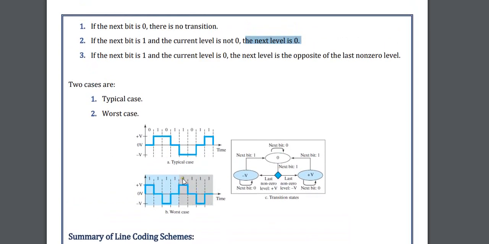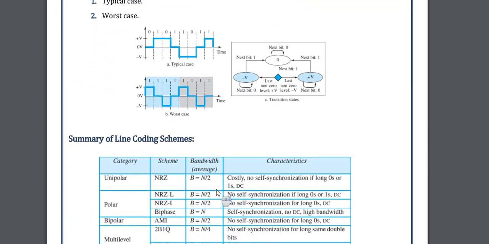In this case all the inputs are 1. So the first level is in the positive section, then the next one is in the 0 section, and another one is in the minus section. Then it goes again to 0 and then positive, again to 0 and then to negative. This is the worst case for MLT-3.